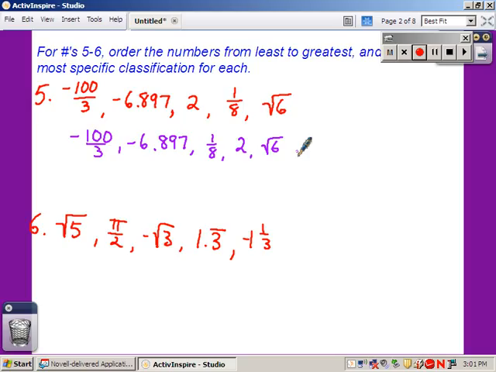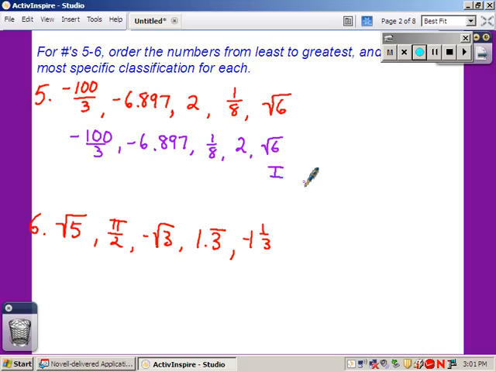Now it's a matter of classifying them. So when I look at a whole bunch of numbers like this, I look for things that I would know right away. I say anything with a pi, anything with a hard square root, those are irrational numbers. So I'm looking for all these, none of that right here, I got an irrational number.